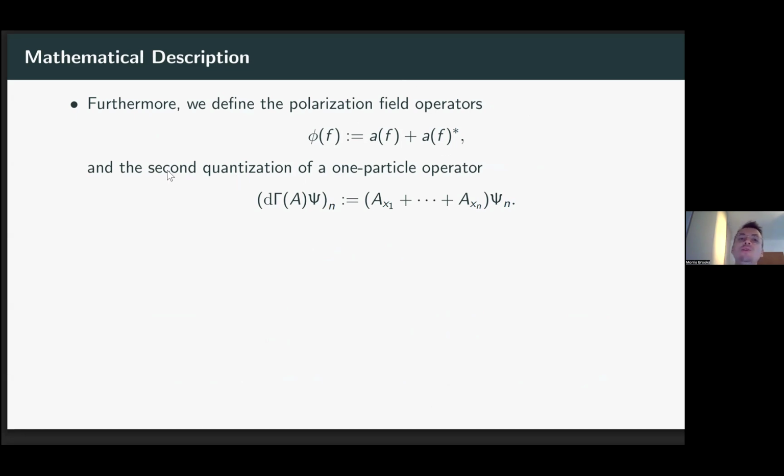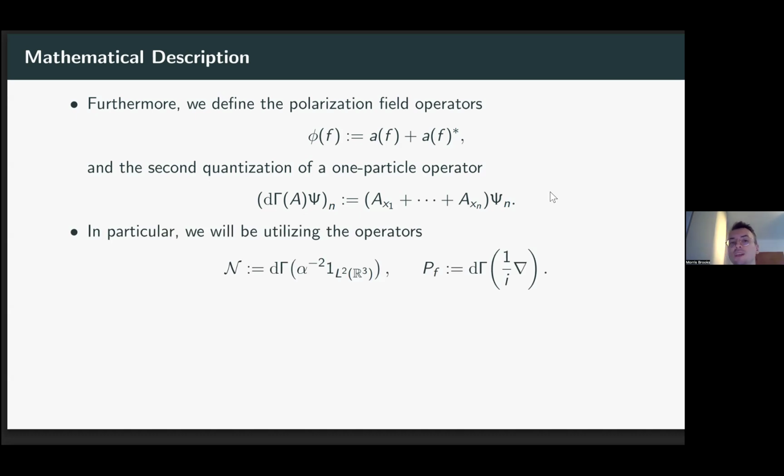Then I also want to introduce the second quantization of a one-particle operator. You take a one-particle operator A and let it act on each individual variable, and then you add them up. Actually, I will only need two specific instances of the second quantization. Namely, I want to introduce the particle number operator N, which is just the second quantization of the identity. Again, tiny twist: I bake the coupling strength into this definition.